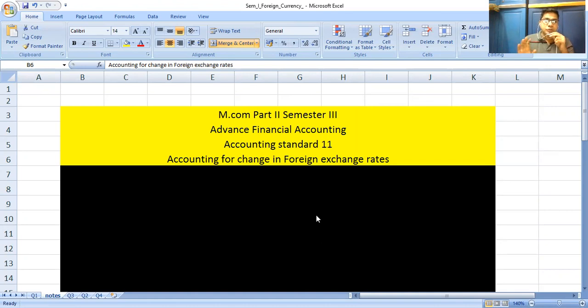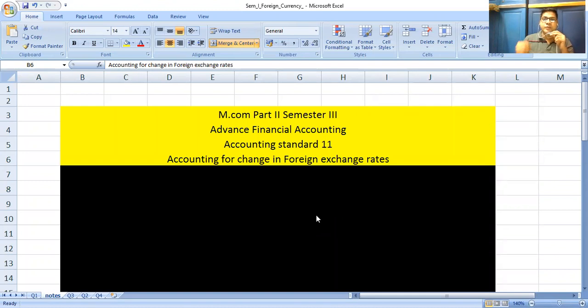Because of this difference, an exchange difference arises. Therefore, we will suffer certain losses, and we will have certain earnings also. And it affects our financial statements. Financial statements, you know, are our final accounts.